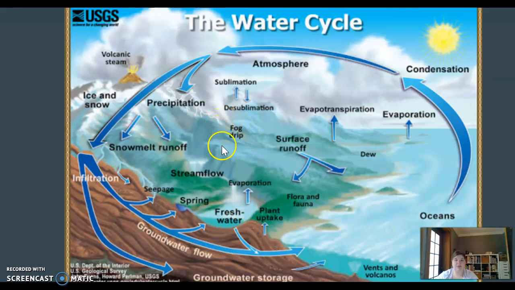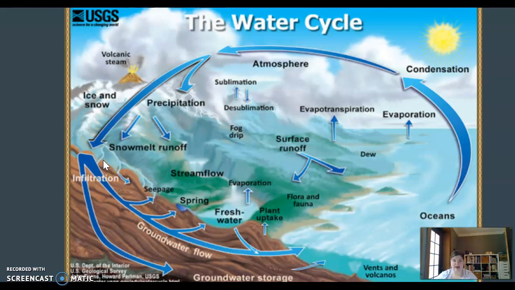And finally, some might be evaporated right away, and that could be fog, or some might eventually become frozen as snow and ice if it were to fall as that type of precipitation. So that's the basics of the water cycle.